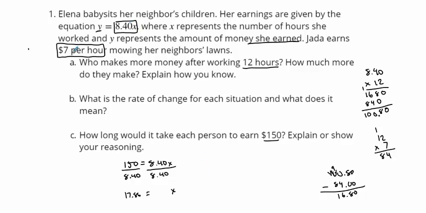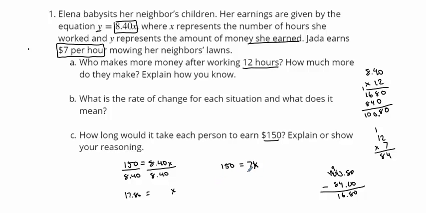But what about Jada? So Jada, to make 150, that would equal 7 times the number of hours she works, or 7 times x, right?